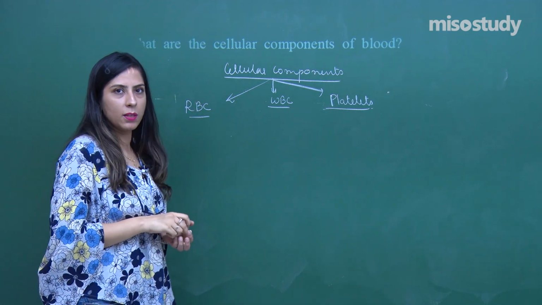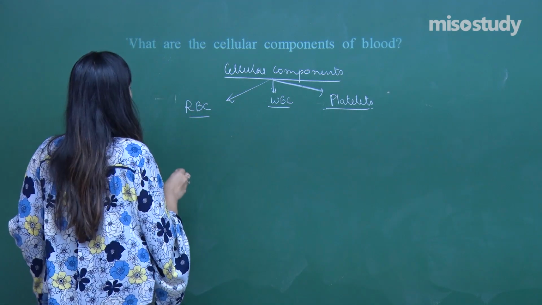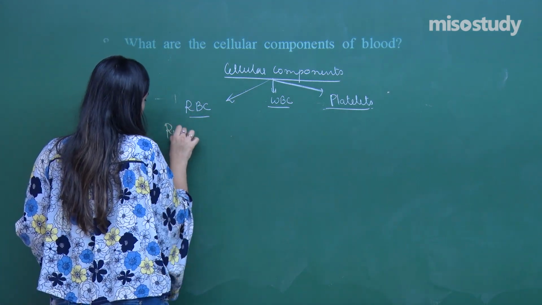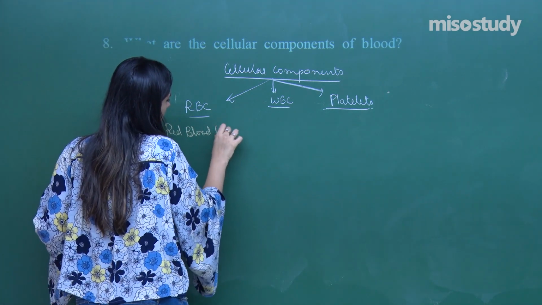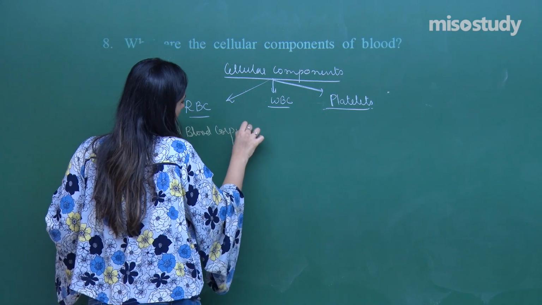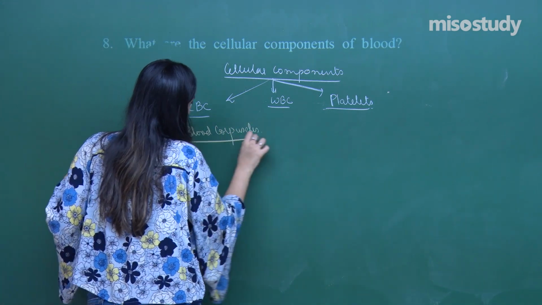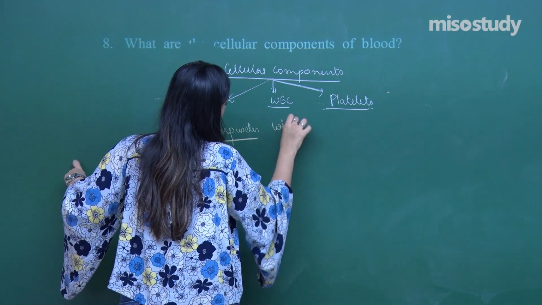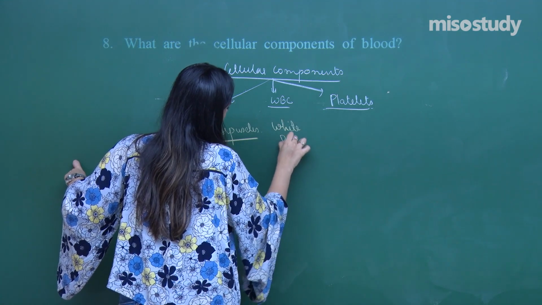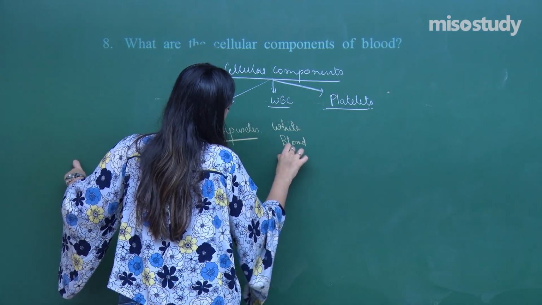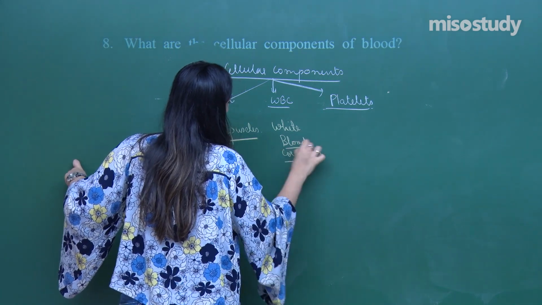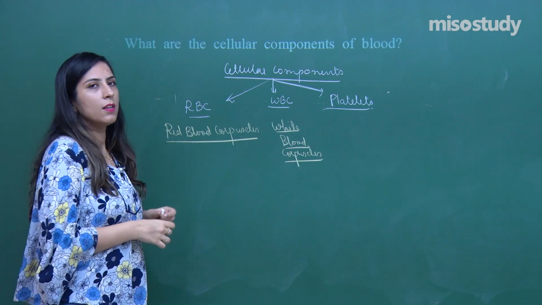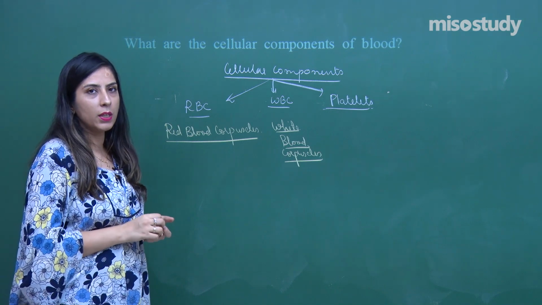RBC, what is the full name of RBC, which provides a red color? That is red blood corpuscles. Whereas this is white blood corpuscles. And platelets, we have discussed that they help in clotting of blood.